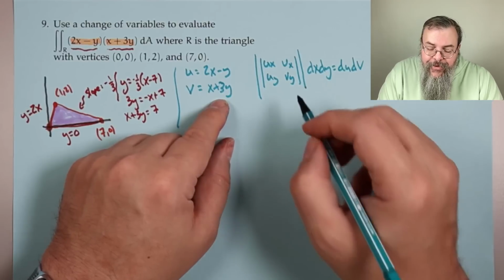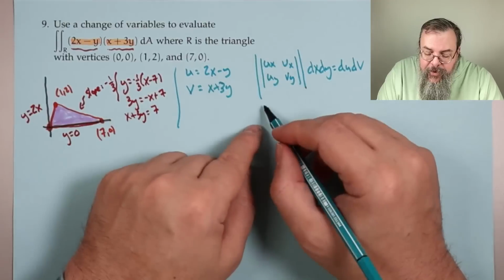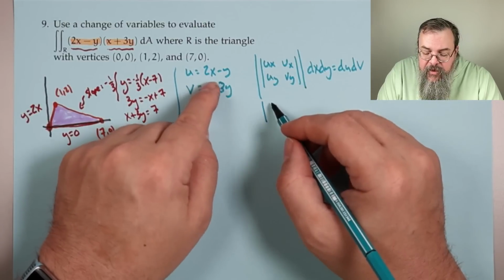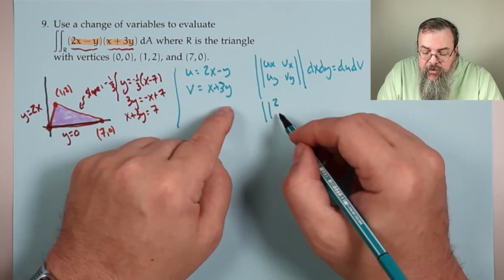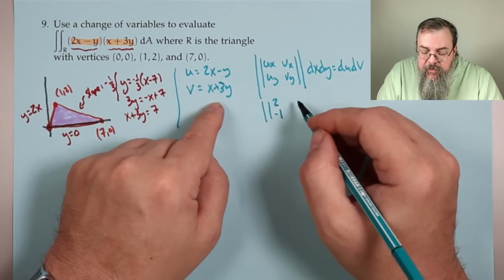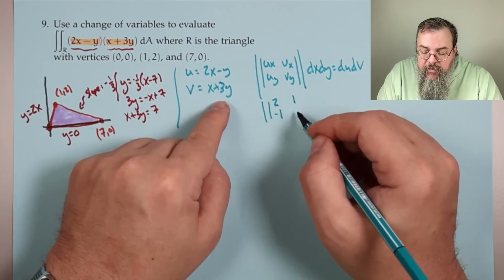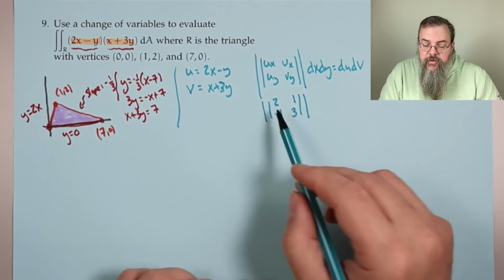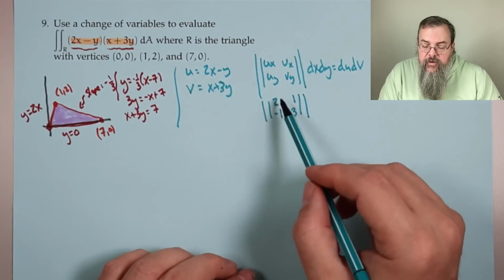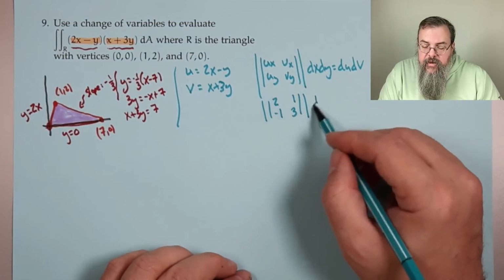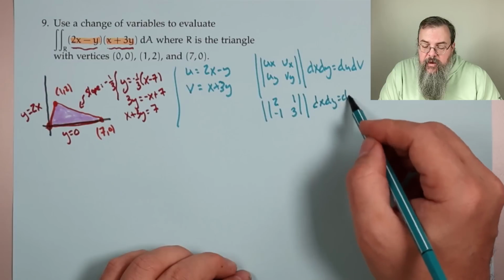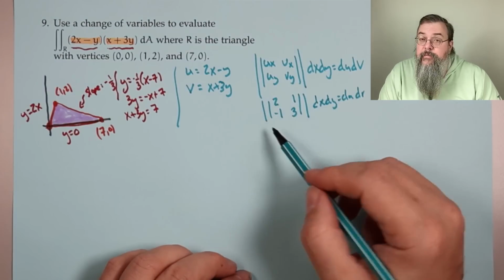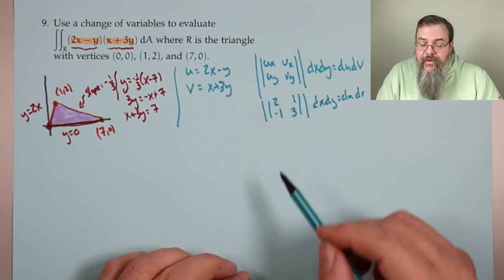All right, so what do we have here? u sub x is 2, u sub y is minus 1, v sub x is 1, v sub y is 3. So we have 2, minus 1, 1, 3. That's going to be 6 minus minus 1, which is 7.